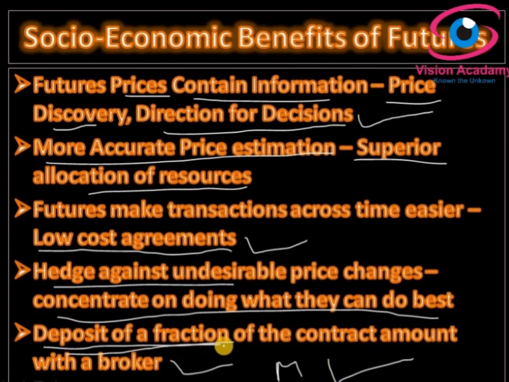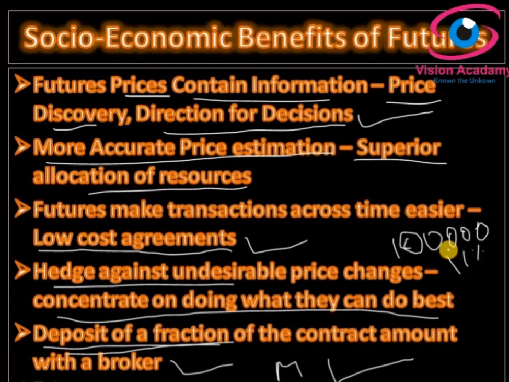This is a very important advantage to the investor, because they are not going to invest the whole amount. For example, if you bought a value of 1 lakh, you are not going to invest the whole 1 lakh rupees; you are going to invest the prescribed margin rate.